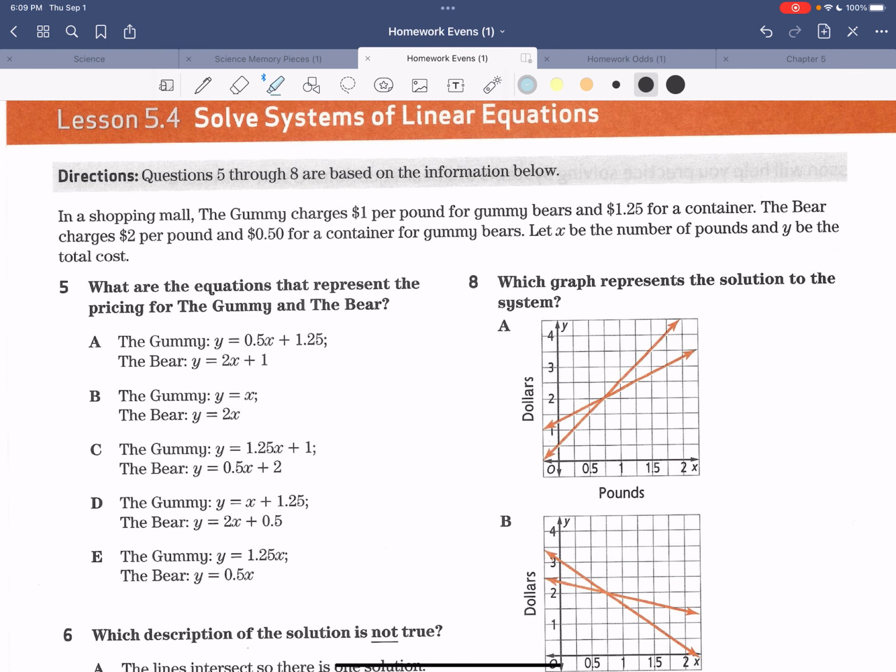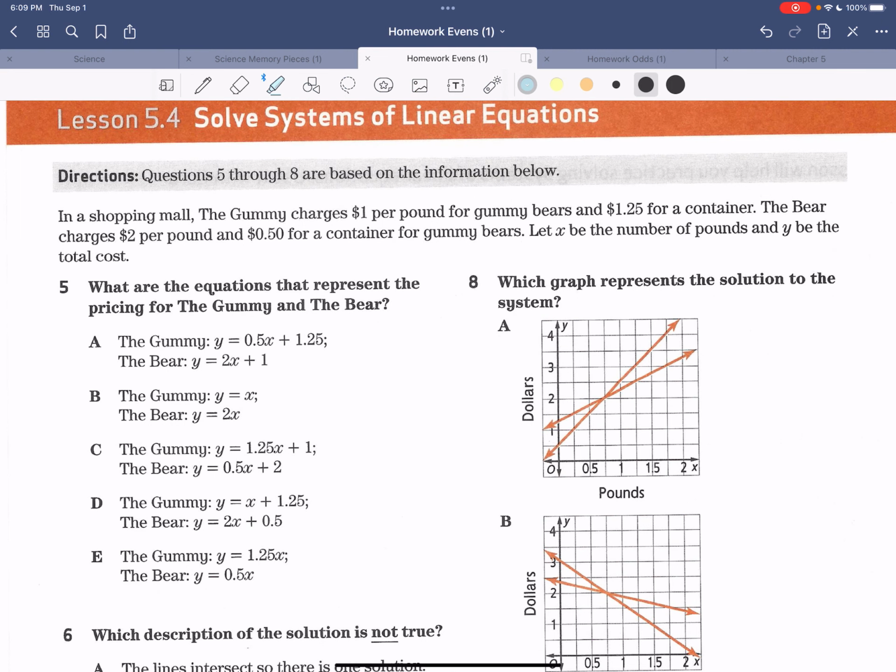So for the Gummy, we have Y equals $1 per pound plus the $1.25 for a container.